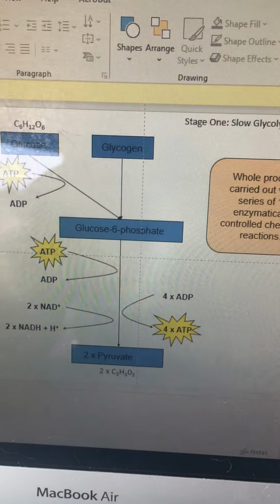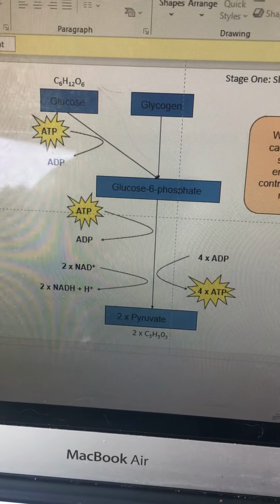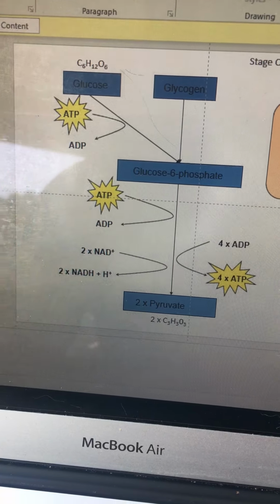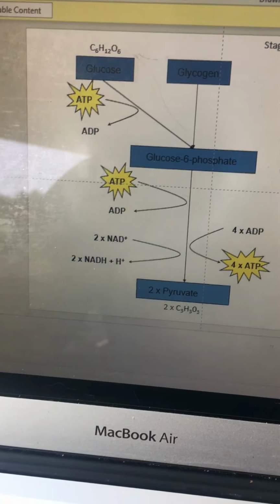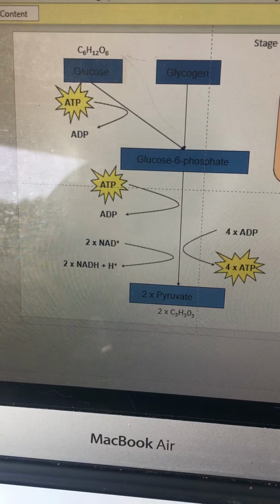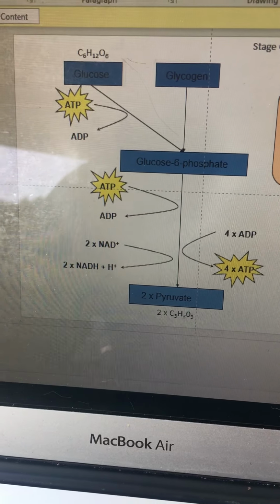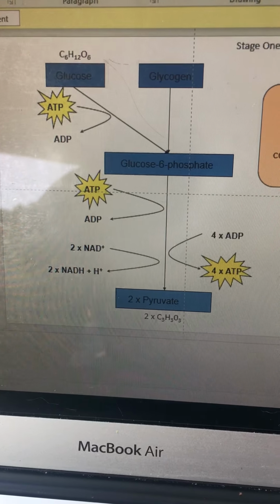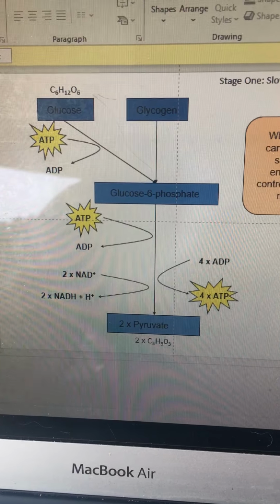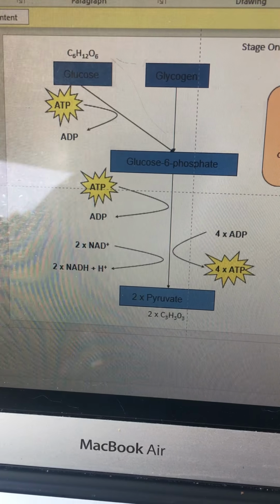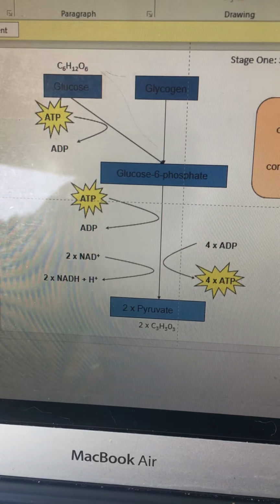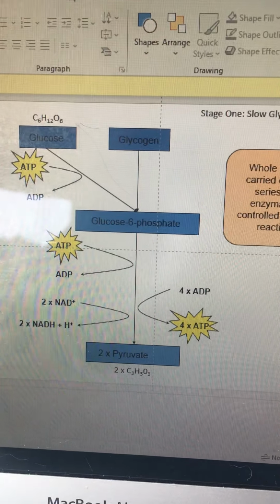Now, as we just alluded to in that example, in the ideal world, we attach those hydrogens to oxygen and they become water, which we can get rid of. If we don't have oxygen available, such as in this anaerobic exercise we're doing, high intensity work, that can't happen. So that hydrogen has to go somewhere else.